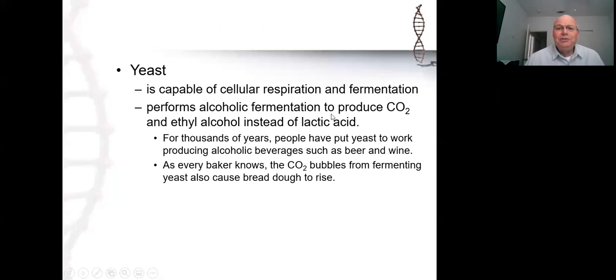In the case of yeasts, yeasts are the only organisms that can flip backwards and forwards between aerobic and anaerobic respiration and produce alcohol. So rather than doing the lactic acid fermentation, yeasts do alcoholic fermentation, but it allows them to be both aerobic and anaerobic depending on the conditions.